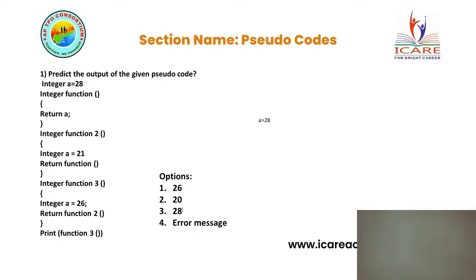Whenever we are calling function 3, it is redirecting to the function where it has declared. So within function 3, it was entering into the block.